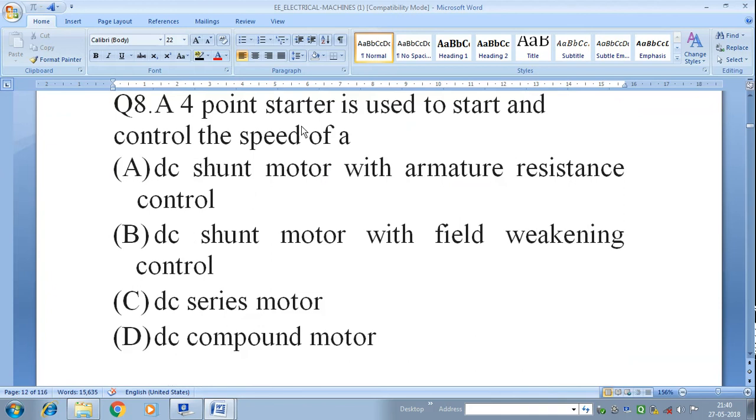A 4-point starter is used to start and control the speed of a DC shunt motor with armature resistance control, DC shunt motor with field weakening control, DC series motor, and DC compound motor.